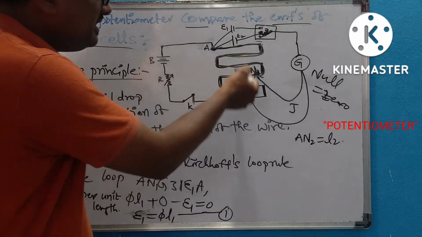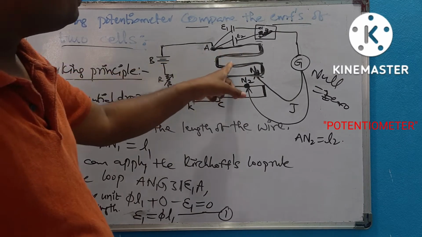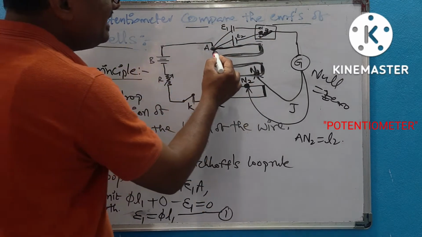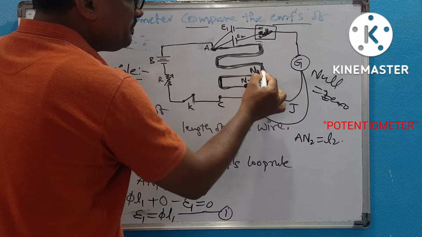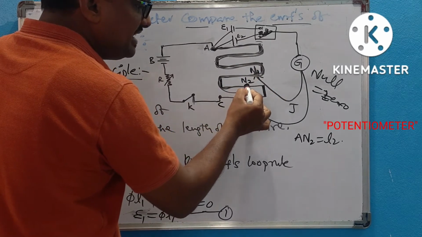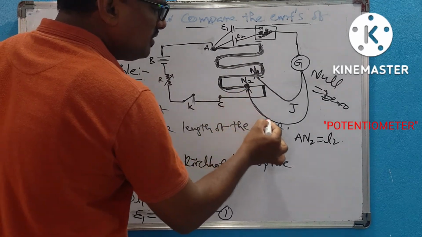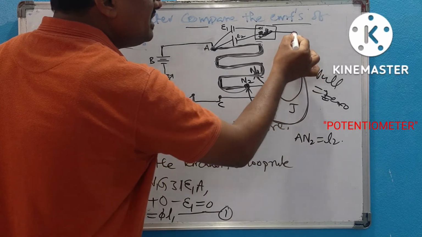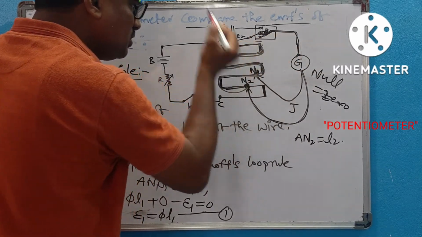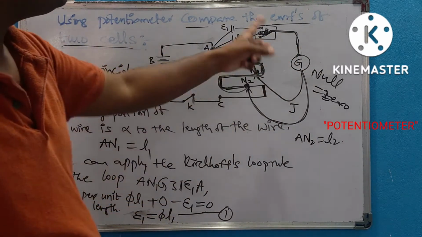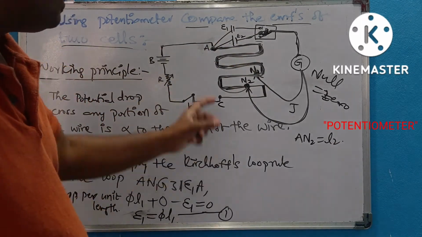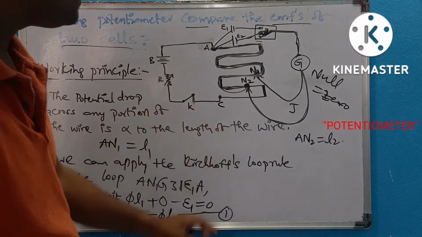Now in this case also we have a closed loop, AN2 G3 to E2 to A. For this closed loop also we can apply Kirchhoff's loop rule.